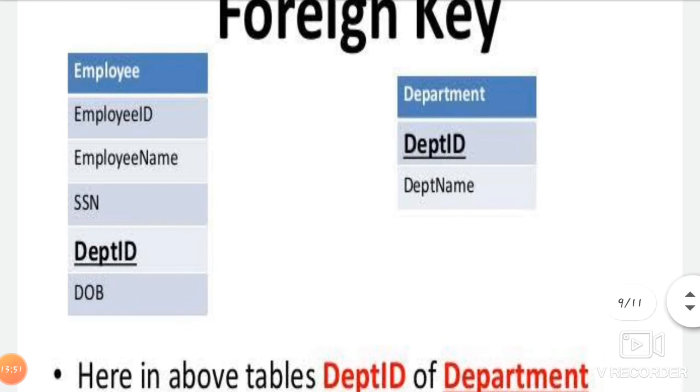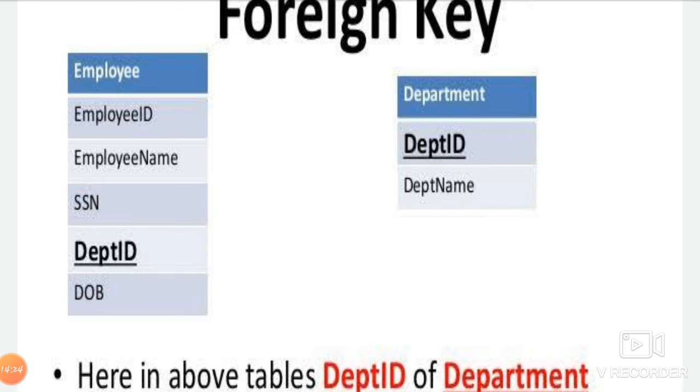Consider this employee table as a parent table and this department table as a child table. From the parent table, we can connect to the child table through this department ID. Without this department ID, we cannot access the child table from the parent table. So this department ID establishes the connection between these two tables, and it acts as a foreign key of this parent table.